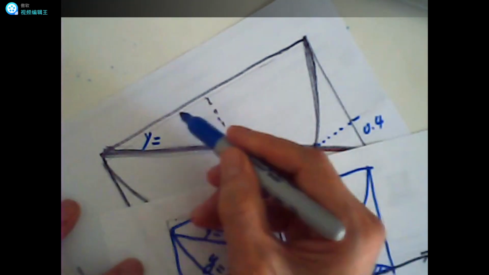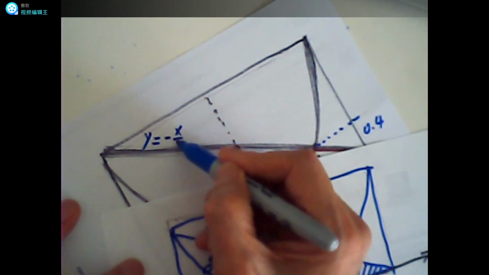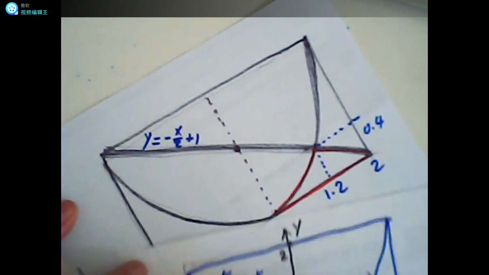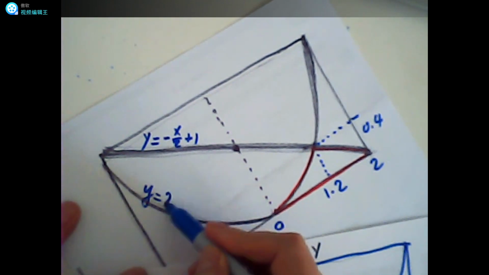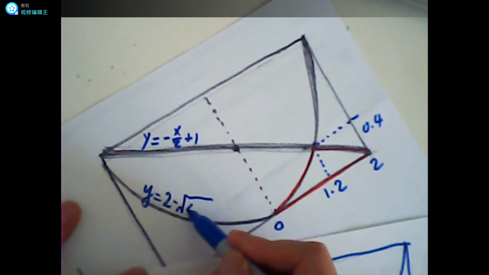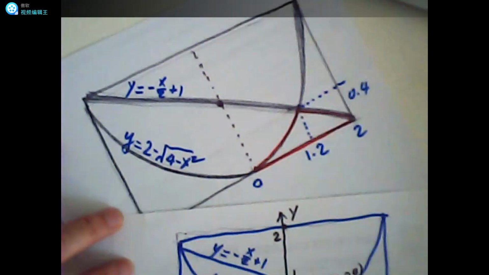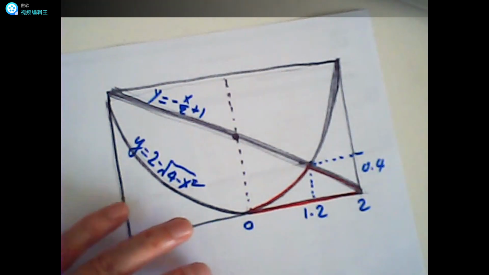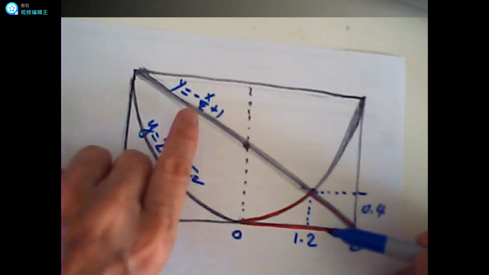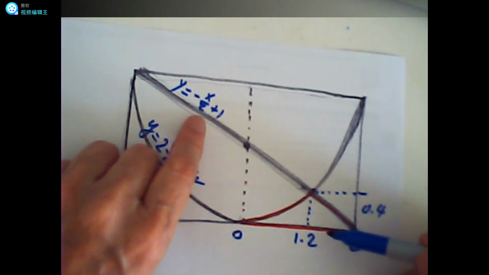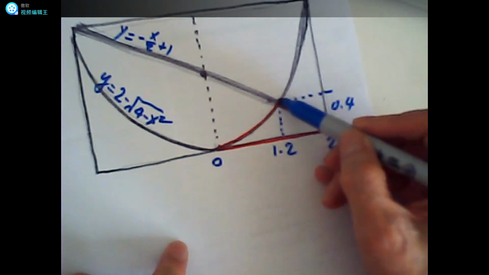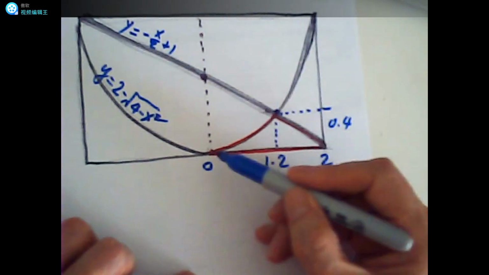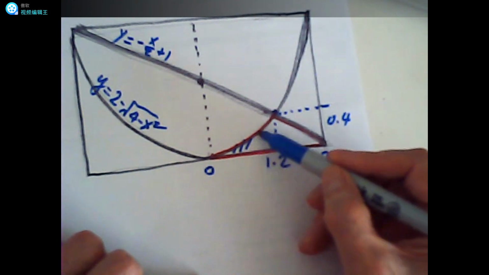Y equal to negative half plus 1, right? This is y equal to 2 minus square root of 4 minus x squared. Okay. When x is 1.2, it's 0.6. Yeah, 1 minus 0.6 is 0.4, a good point. Yeah, that's correct. Now we want to find this area.